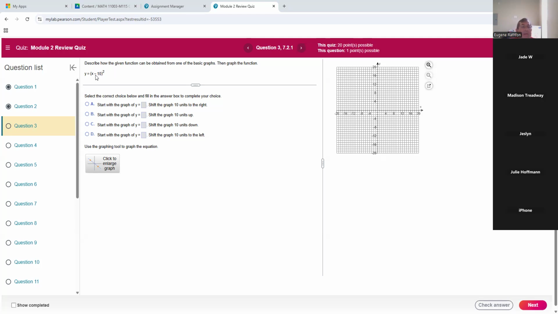So we just got to figure out what happens when you subtract 10 from the x inside the parentheses. So remember, if you're inside the parentheses and you subtract from the x, it's actually going to move that graph to the right. And if it was being added, it would move it to the left. So this is going to move it to the right.